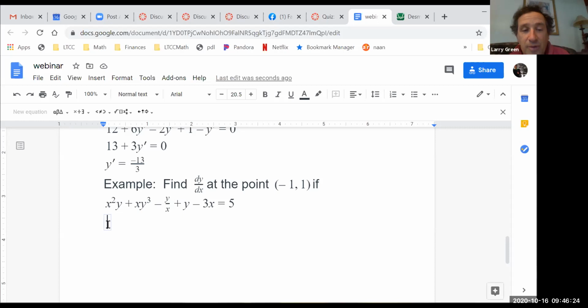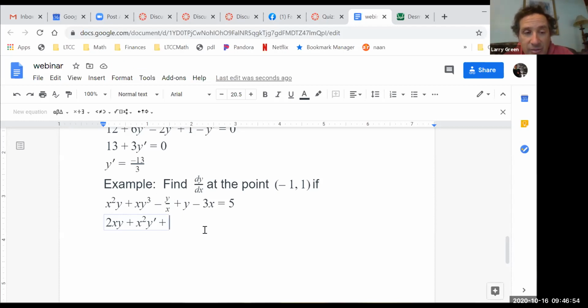So let's do the product rule. And that says take the derivative of x squared, which is 2x, times the second, which is just y, and then plus x squared times the derivative of y, and that's y prime. Okay, it's times 1 times y prime. That's a chain rule. And then plus. Okay, similarly with xy cubed, we have to use the product rule and the chain rule.